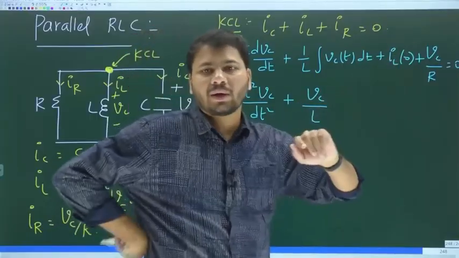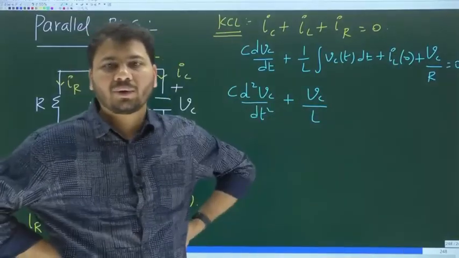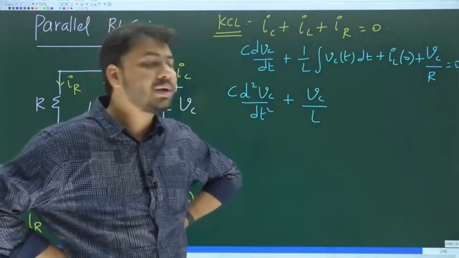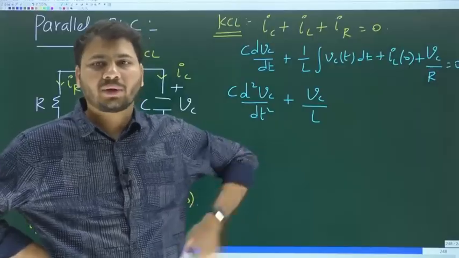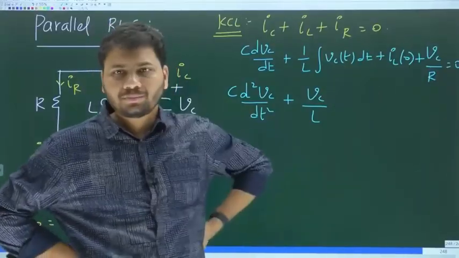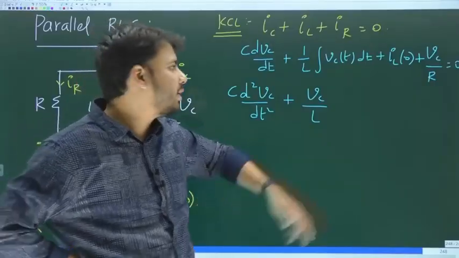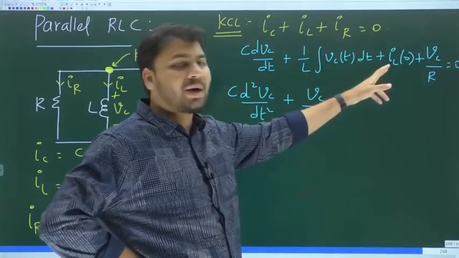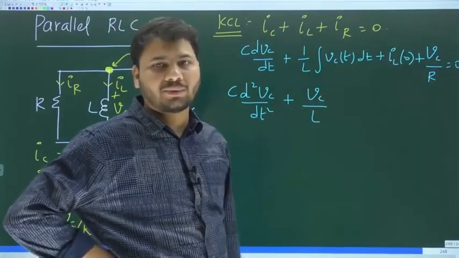IL of 0 is the initial current through the inductor. Is it not a constant? Yes or no? In any given circuit, the initial current through the inductor will have some value, which is a constant. So derivative of any constant is 0. So d by dt of IL of 0 is 0.